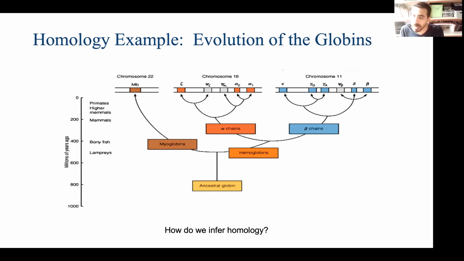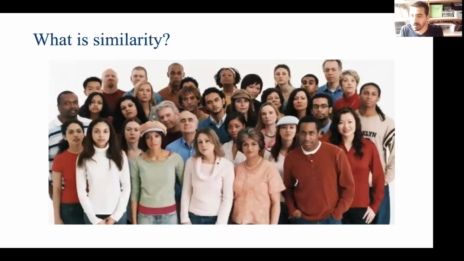But now let's go back to similarity and homology. If I ask you this question, who is the most similar person to this gentleman over there? What would you say? I ask these questions in my lectures too. People tend to answer based on skin color or other physical appearances. However, the similarity question can also be asked differently.